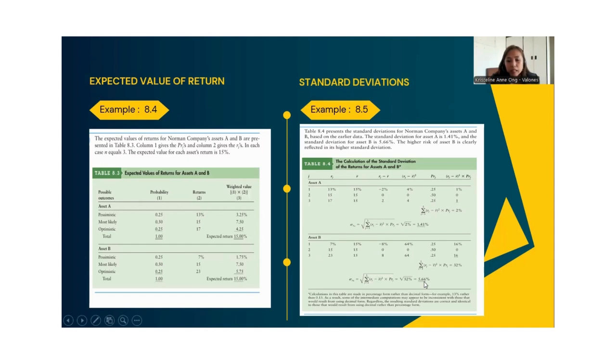It means that asset B has a higher risk of investment with 5.66% versus asset A that only has 1.41% in its standard deviation. So if you are a risk-taker investor, you will choose asset B. But if you are not risky or you prefer a low-risk investment, you will choose asset A.